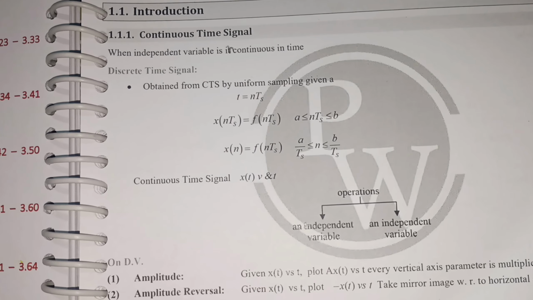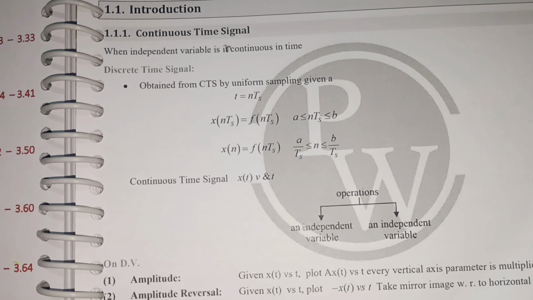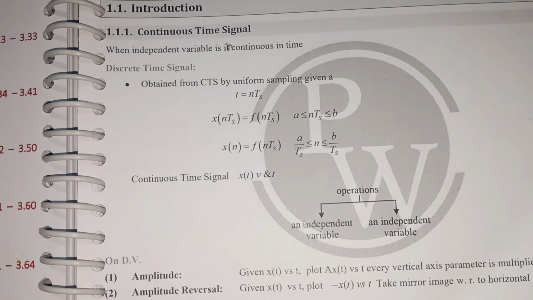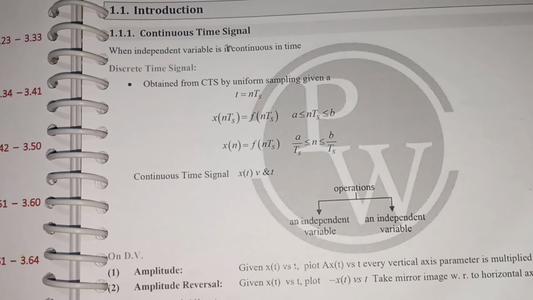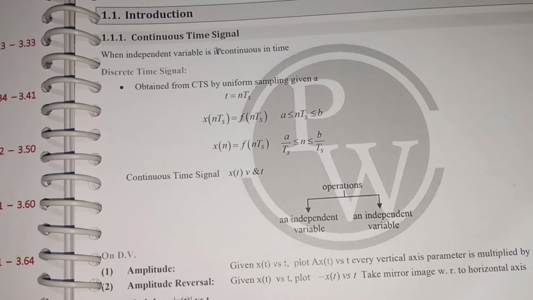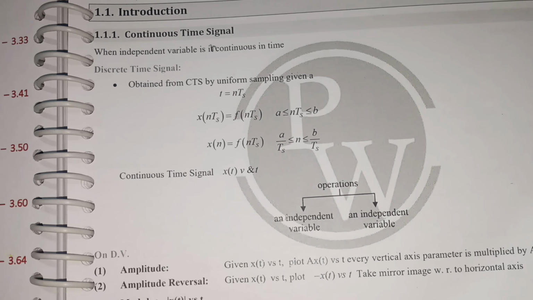So x of n equal to f of nTs, where a by Ts less than or equal to n less than or equal to b by Ts. Continuous time signal is represented by x of t.